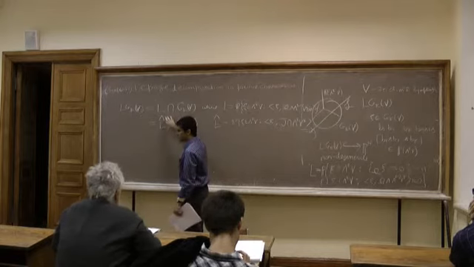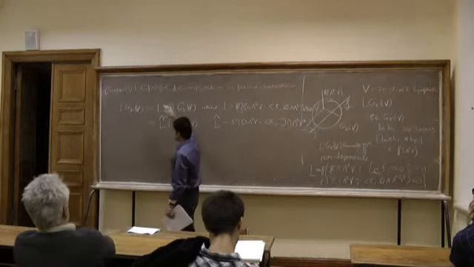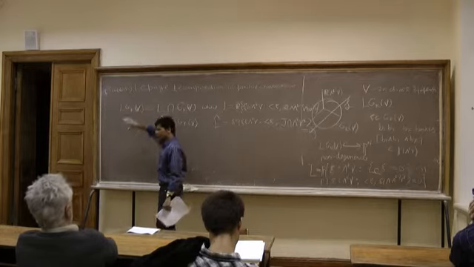L hat is a larger space. When you intersect with the Grassmannian, it also gives you this Lagrangian Grassmannian.